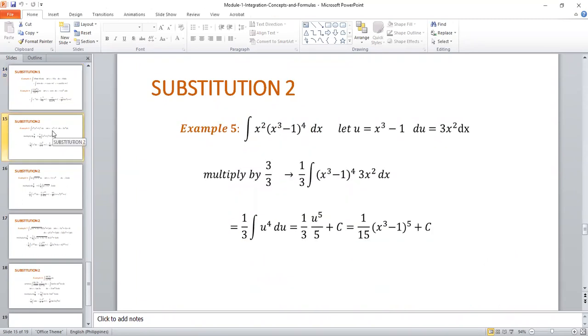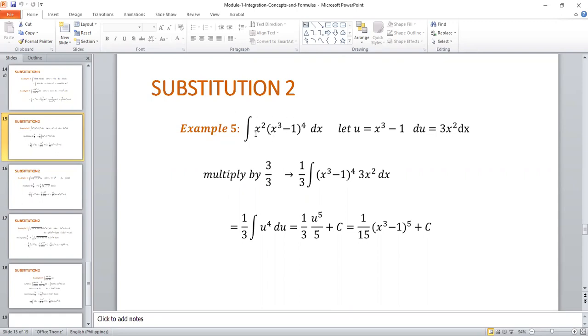Okay. So this time, you have x squared times the quantity x cubed minus 1 raised to 4 dx. Whenever you see this class, it's really a big no-no to have x cubed minus 1 raised to 4 expanded and distribute x squared as a multiplier, because that will make the entire process of integration, which could be done in just a minute, take more than 5 minutes.